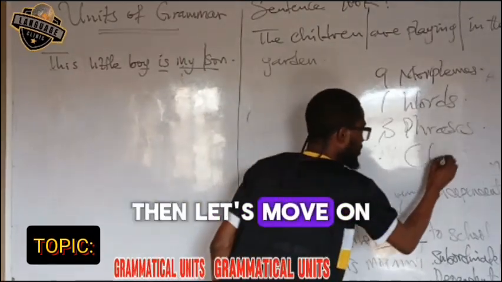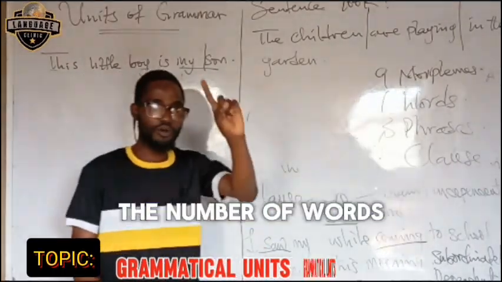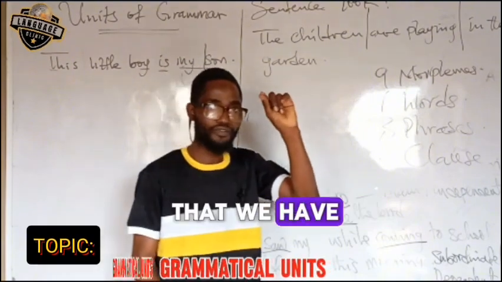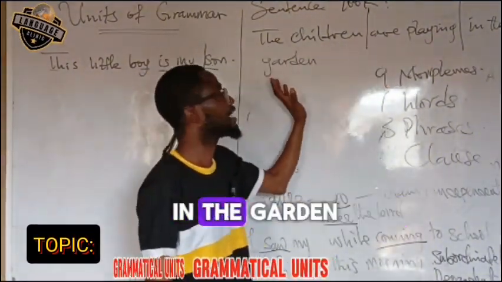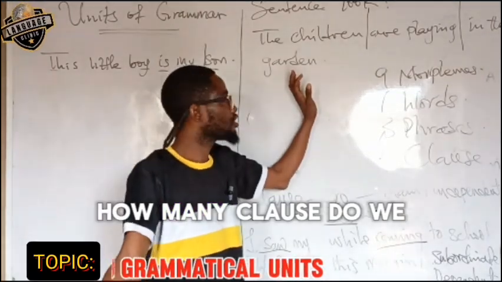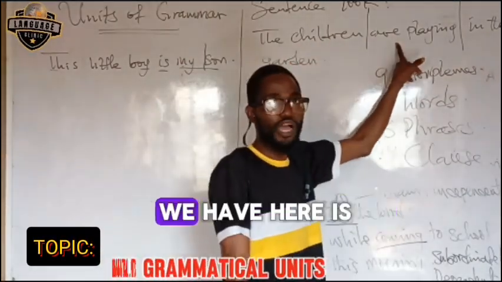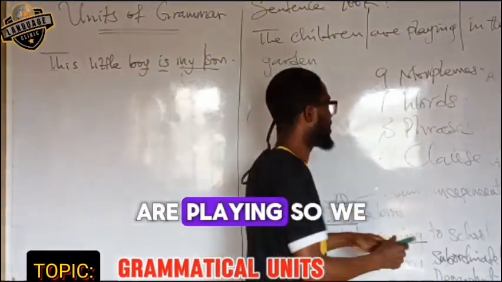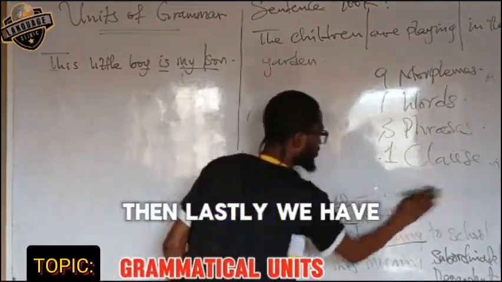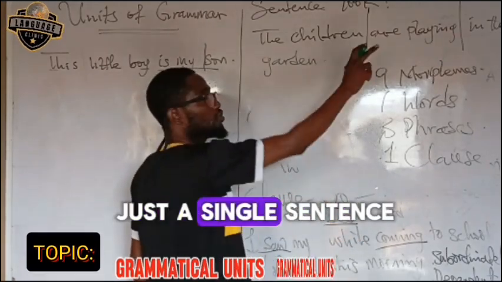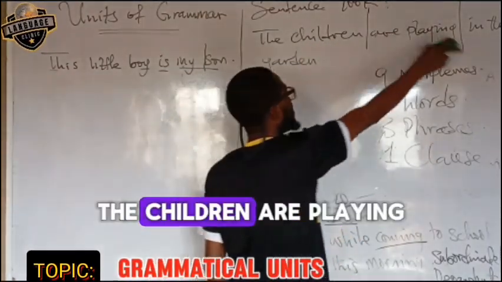Then let's move on. We have clause. What determines a clause? The number of verbs that we have determines a clause. So from here, the children are playing in the garden. How many clauses do we have? We only have 1 clause because the only verb we have here is are playing. Then lastly, we have just a single sentence: the children are playing in the garden.